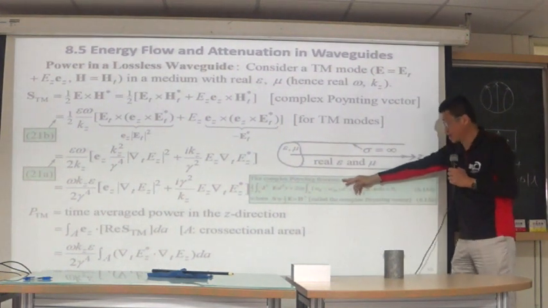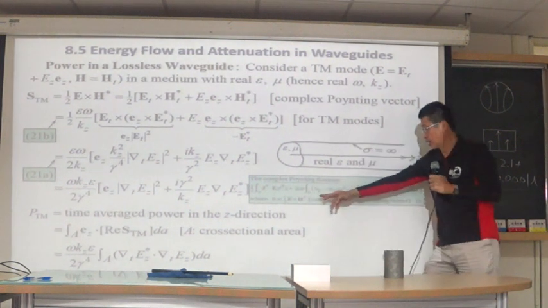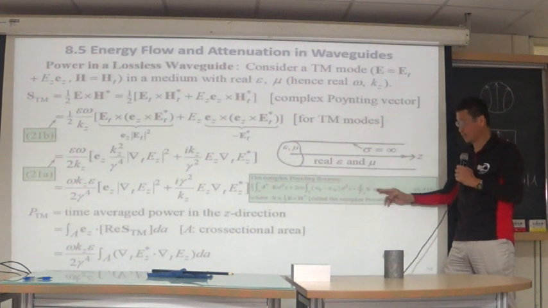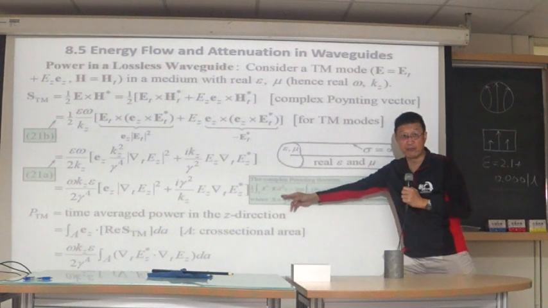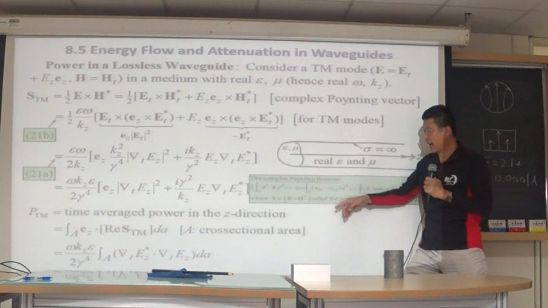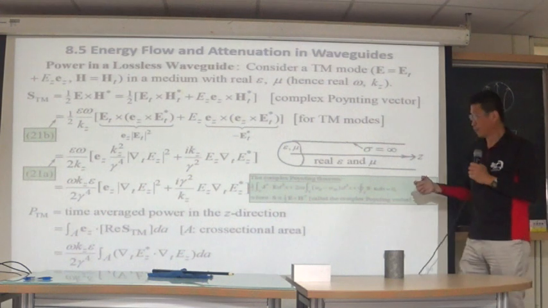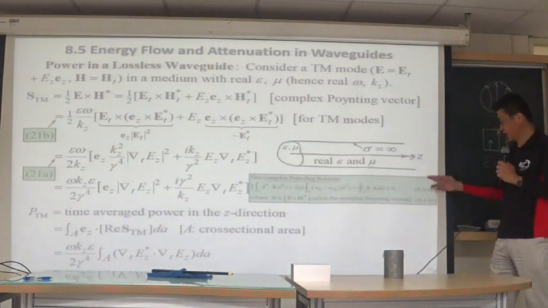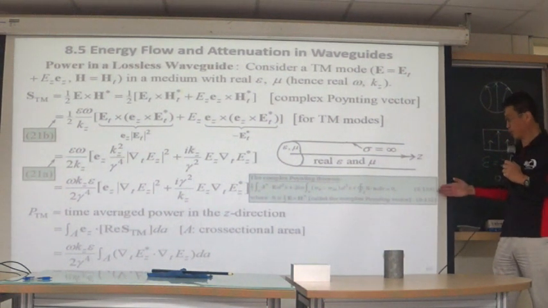The complex pointing theorem tells us about this one, energy storage and the pointing vector. The notation is here, equals this one. That's the definition. That's complex. If you like, you can take the real part. You should take the real part. If you don't understand, you forgot everything, please go back to chapter 6.